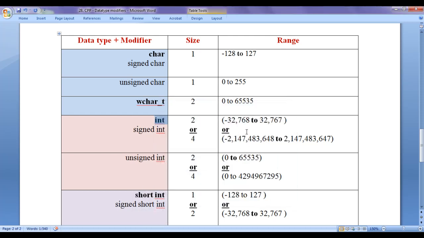That means the minimum value possible to store inside 2 bytes of integer type memory is minus 32,768 and the maximum value possible to store inside 2 bytes of integer type memory is plus 32,767. If you count from minus 32,768 to plus 32,767, it becomes 65,536, guys.